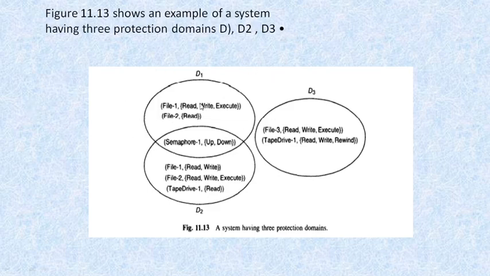This implies that a subject in either of the two domains can use semaphore 1. The same object can also exist in multiple domains. See here, file F1 exists in both domains, but with different rights. In domain D1, file 1 has read, write and execute, but in domain D2, file 1 has only read and write permissions. There is no execute for people under D2.